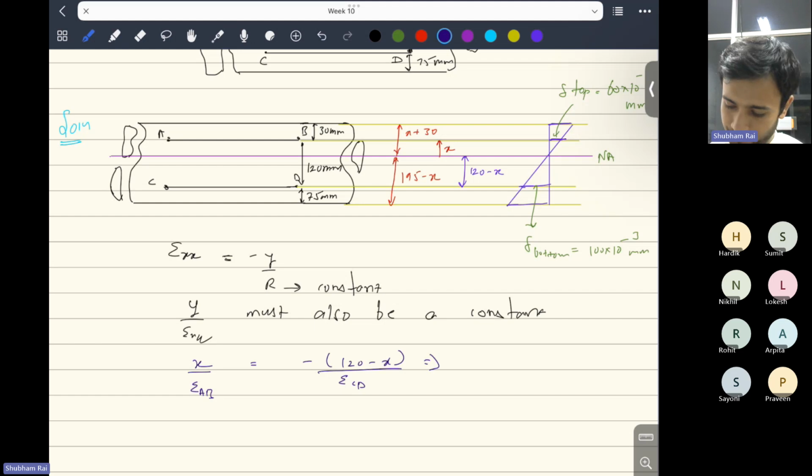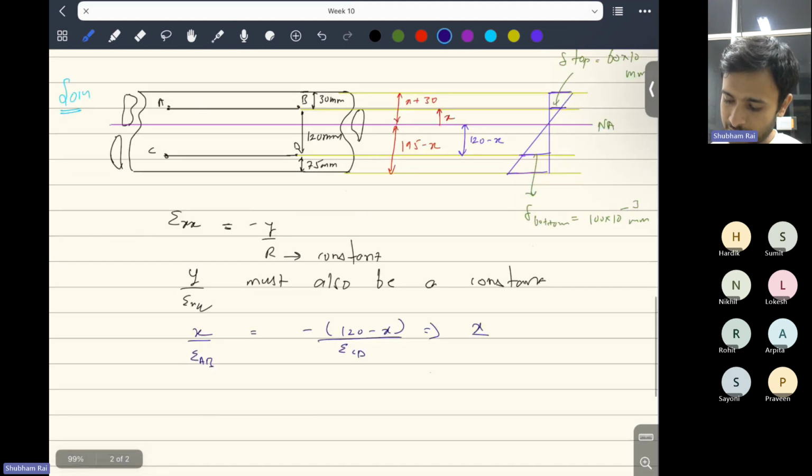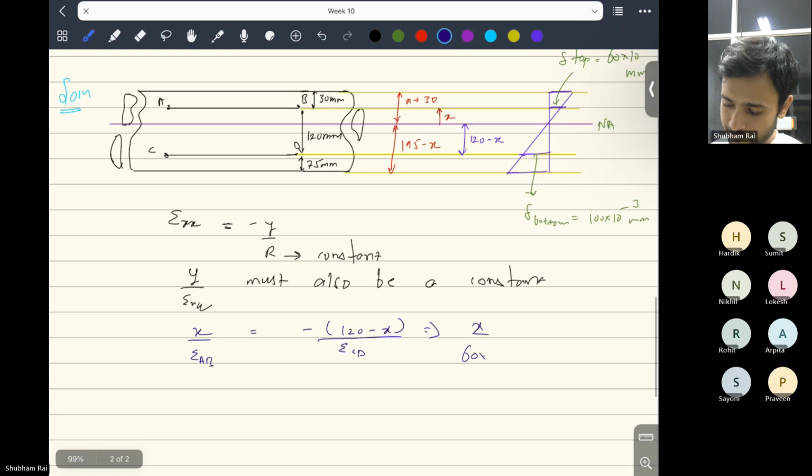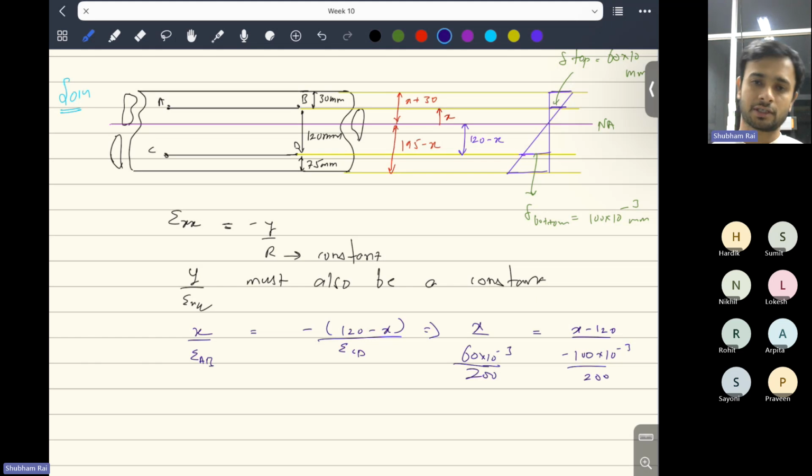So finally, you are getting x over epsilon AB is 16 into 10 to the minus 3 divided by 200, because this is change in length over original length. And here you'll get x minus 120 because there is a minus sign. And here there is a compressive strain. So this will be minus 100 into 10 to the minus 3 divided by 200. Right. So this will be the strain in top and bottom fiber because the initial length is 200.